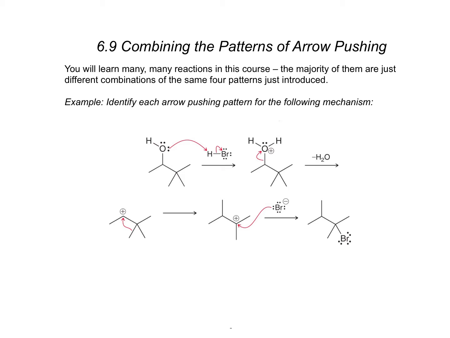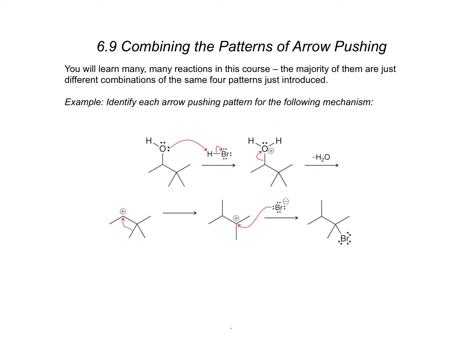So we had nucleophilic attack, loss of leaving group, proton transfer, and carbocation rearrangement, okay? Sometimes you'll be asked to identify the various steps involved in a mechanism, or you'll be asked to utilize them to show the overall mechanism for a reaction, right?